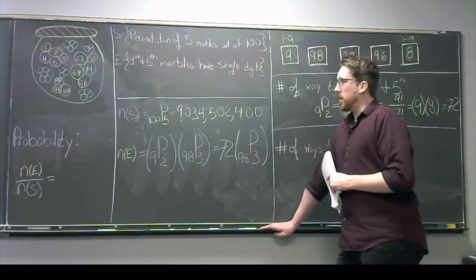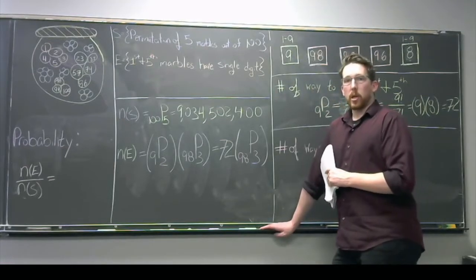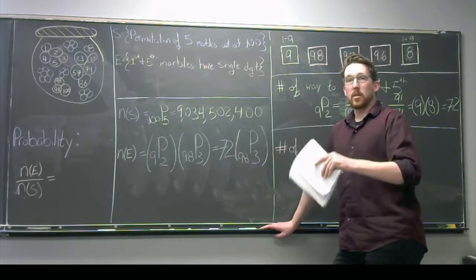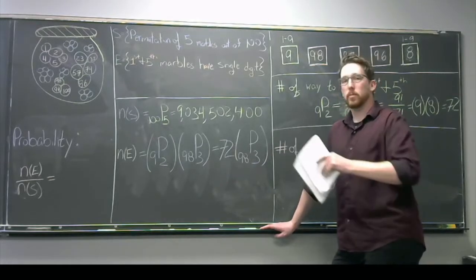Now we calculate the theoretical probability. Theoretical probability is the size of our event space divided by the size of our sample space.